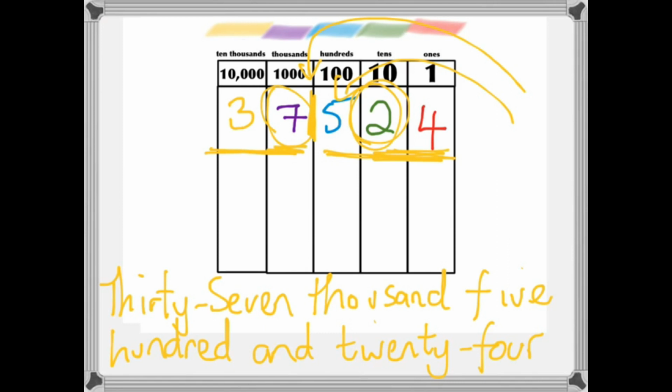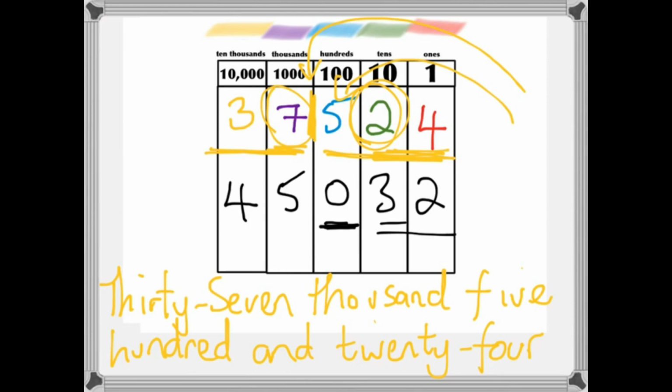The only time it goes a little bit different, and I'm going to do this in black to go quickly, is if we have, say, 45,000 and then a 0. We've got no hundreds, so you ignore them if you've got a 0. So 45,000 and, because we're ignoring that, 32.